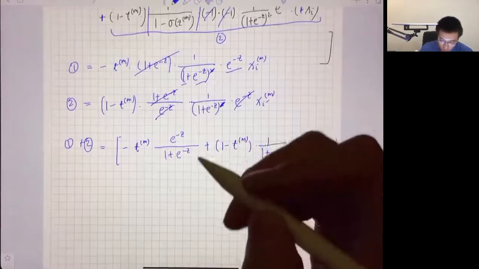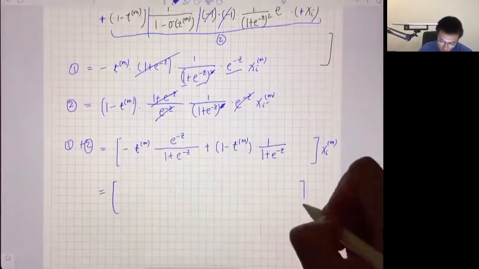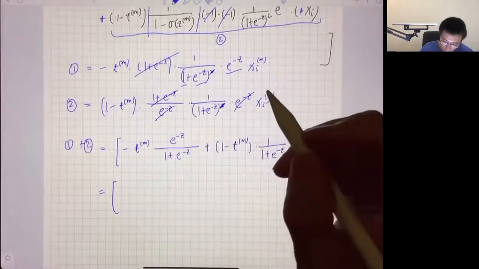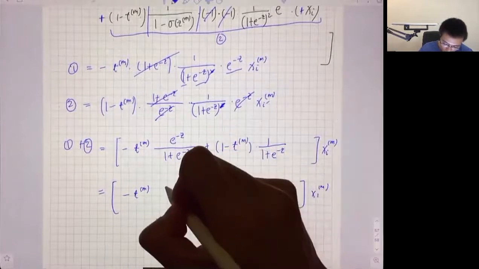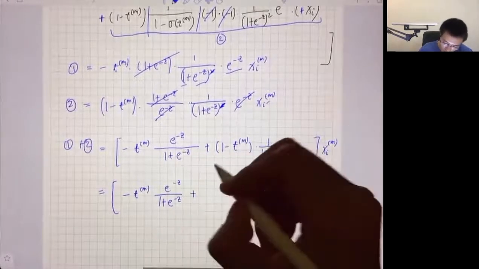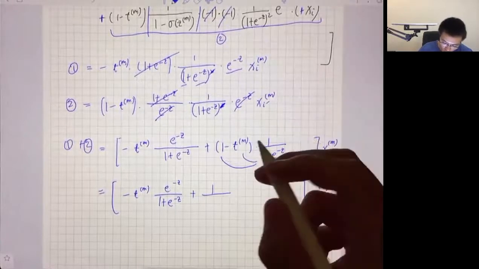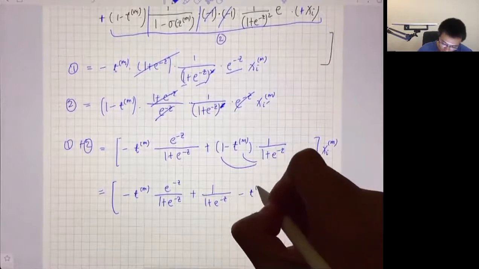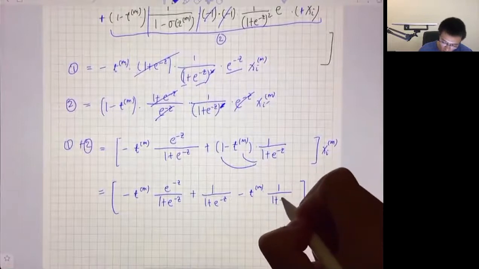I would say this thing is, I still have xi m, but it's actually minus Tm e to the power of minus z plus 1, so I'm distributing this factor to these two terms, okay? 1 plus e to the minus z minus Tm times 1 over 1 plus e to the minus z.